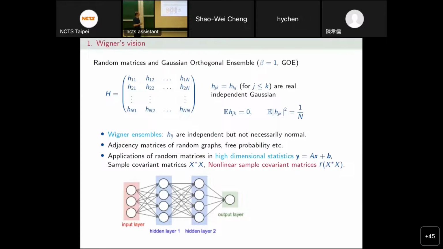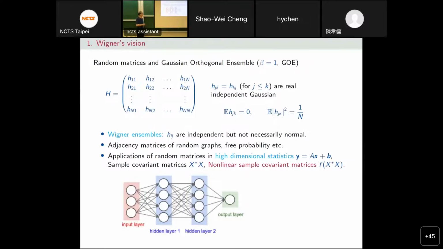So one big reason to study random matrices is that we can study random graphs. And now, for the application of random matrices: you want to solve linear equations, and high dimensional linear regression is always connected with matrices.